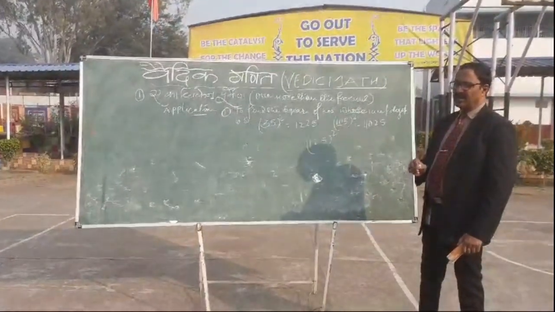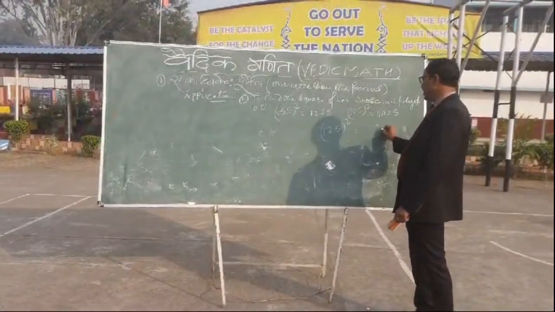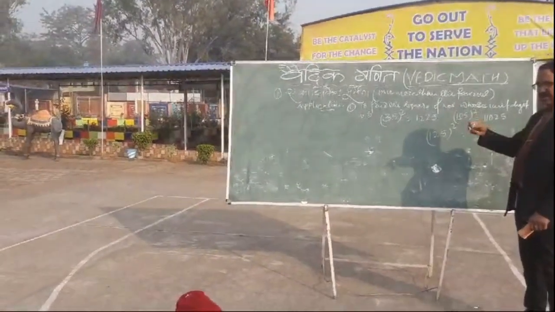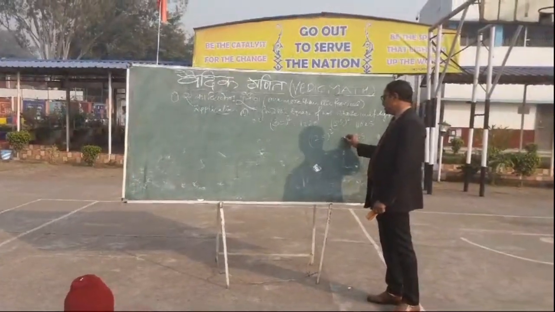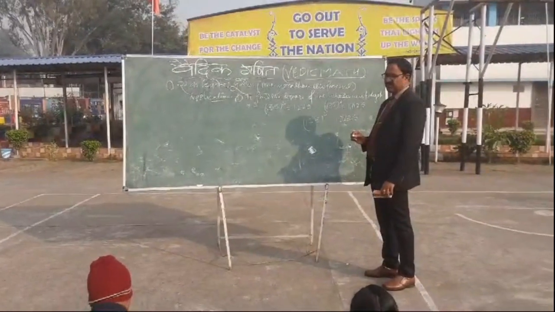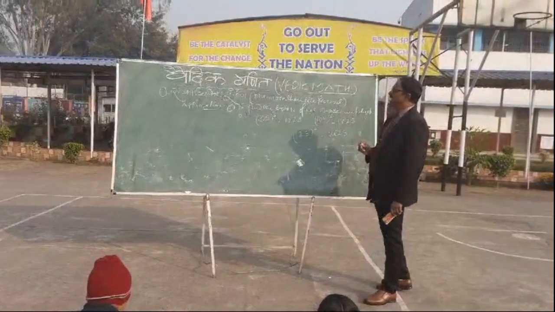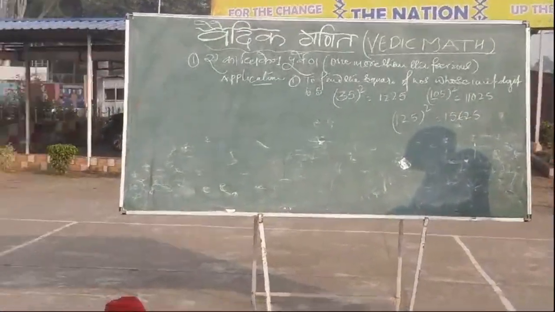But if you have the idea of Vedic maths, you can find it easily. What is this? 25. 1 more than 12? 13. 13 multiplied by 12? 156. So the answer is very simple. Yes or no? Yes. So this is the application of the first Vedic maths sutra, that is Ekadhikena.